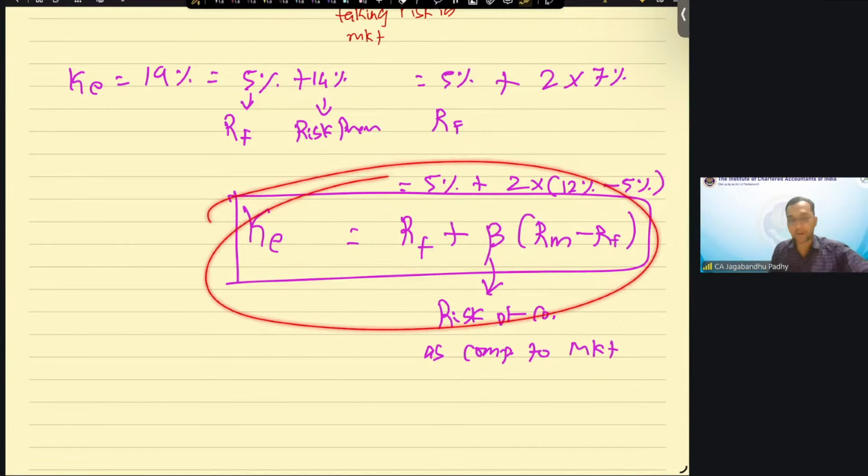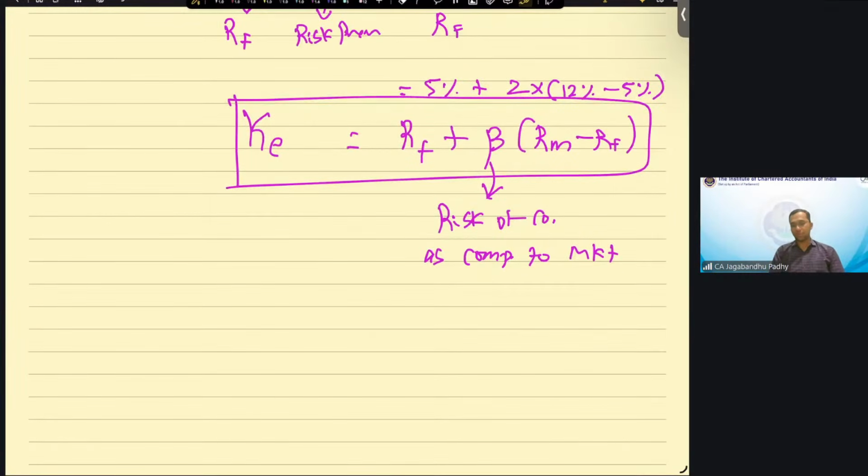So this is your capital asset pricing model, which tells what the rate of return should be: bare minimum risk-free plus something extra called the risk premium. That's your beta, which is a risk score. It tells you how risky your company is compared to the market. In the market you are getting a risk premium, so as compared to the market, I should be getting that comparative risk premium. And that's going to be your cost of equity. This is called your capital asset pricing model, everyone.